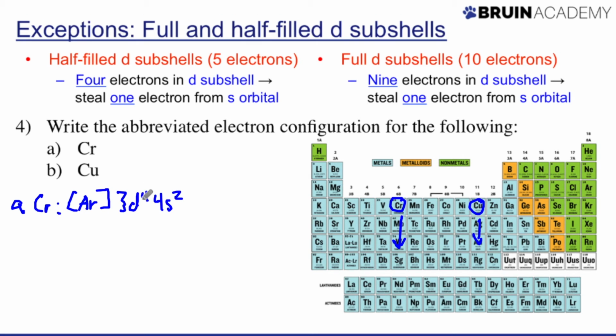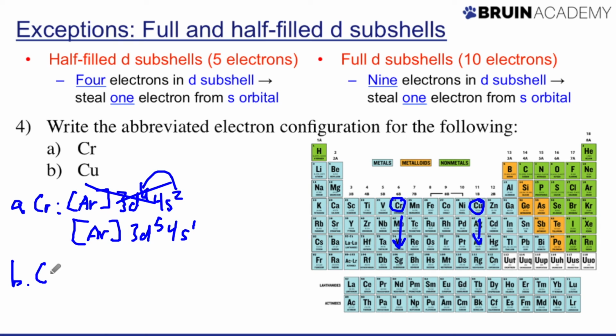You have 4 electrons in d. What do you want? You want 5 electrons. So it's going to steal 1 from the s and add it to the 3d. So this is not the right answer. The right answer is argon 3d5 4s1. That's the electron configuration of chromium because half-filled subshells are exceptionally stable.